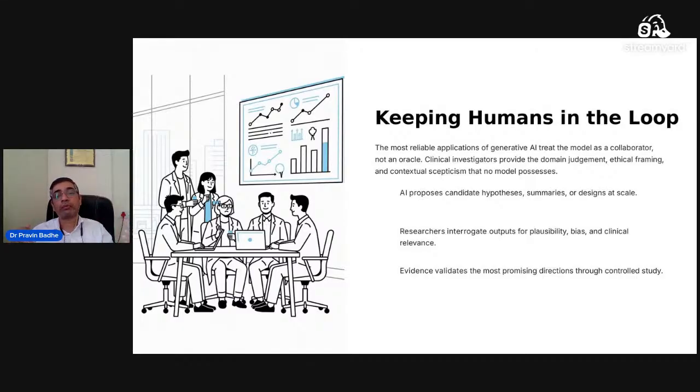It can give you hypotheses. It can give you summaries, or even design the synthesis. But then the researcher needs to look at the output from the AI, so that there are no credibility issues, no biases, and no clinical relevance problems in that information. Once it is validated, it can be utilized for promising directions of studies. It can be basic research, or preclinical or clinical studies.